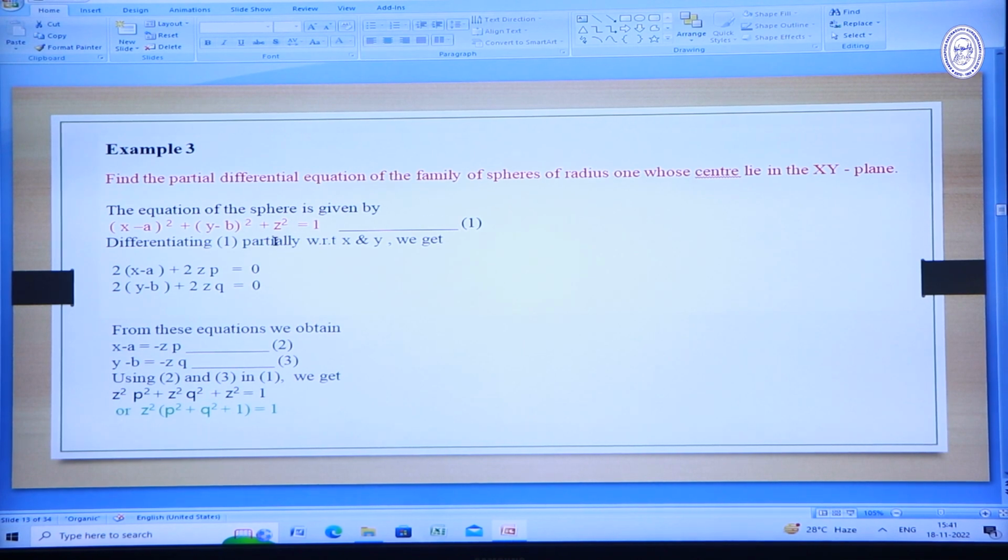Differentiating this equation with respect to x and y, we get this, and from this we obtain the values of x minus a and y minus b. Putting these values in equation 1, we get the required differential equation of the family of spheres of radius 1 whose centers lie on the xy plane.